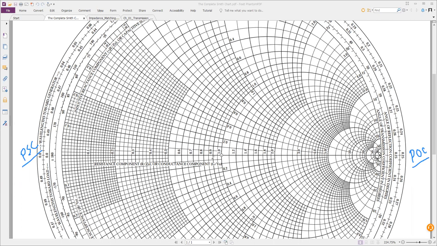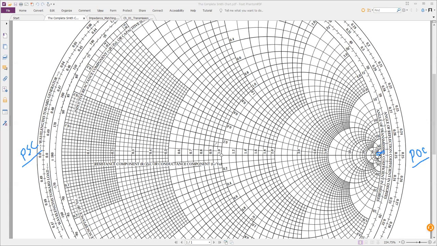Okay, so from 1, if you go to the left, then it would be 0 here. And if from 1 you go to the right, then you will get infinity here. Okay, here is the infinity, here is the 0. So that is the thing.